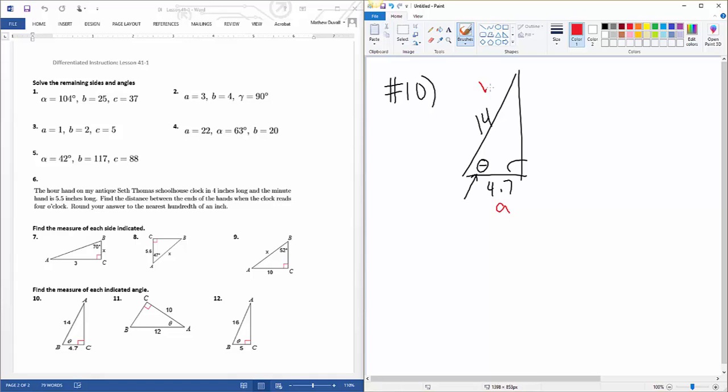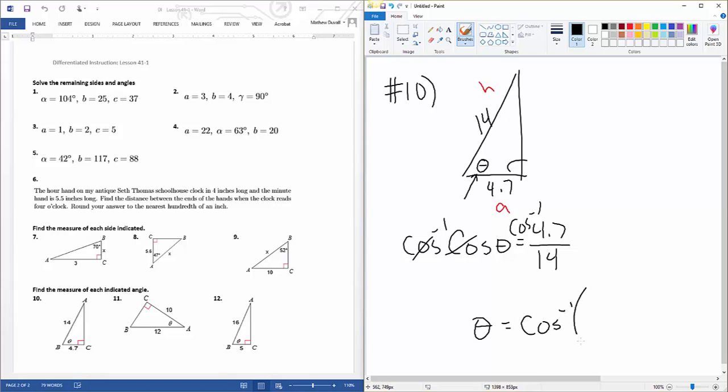I have adjacent and hypotenuse, so that means I'm going to use cosine. So cosine of theta equals adjacent over hypotenuse. And then to get the angle by itself, take the inverse. So you get theta equals cosine inverse of 4.7 over 14. You enter that into your calculator, and you're going to get your answer.